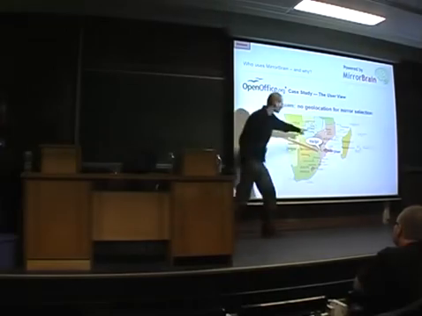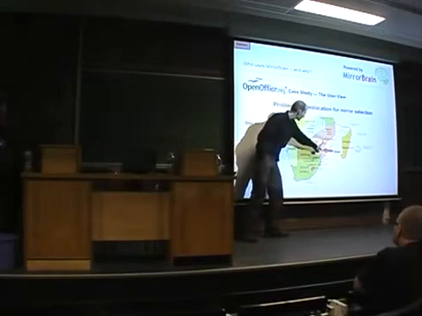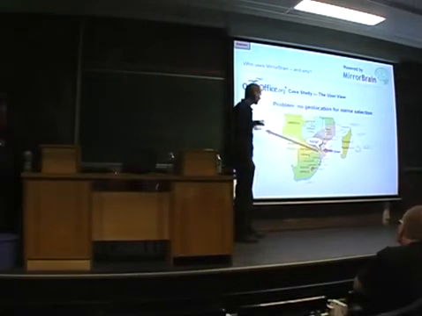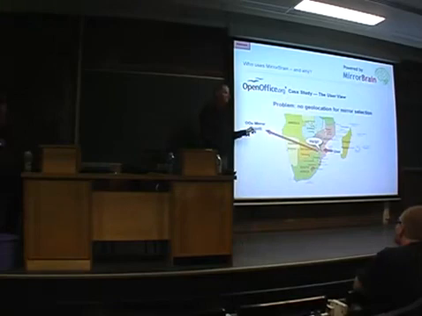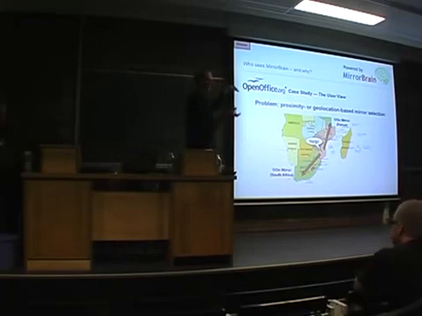The user here in Mozambique, at the south tip of Africa, was sent to some mirror, and it happened to myself as well that I downloaded OpenOffice.org from Brazil a few times. So that's obviously not bearable. Many solutions just use GeoIP to select maybe the closest mirror or a mirror in the same country or the same region.